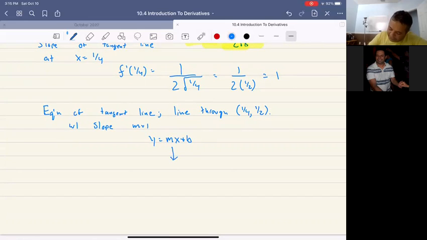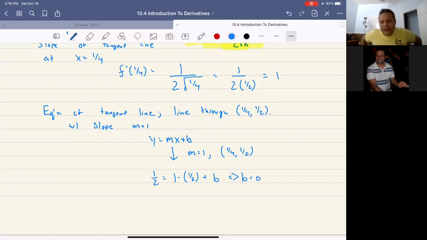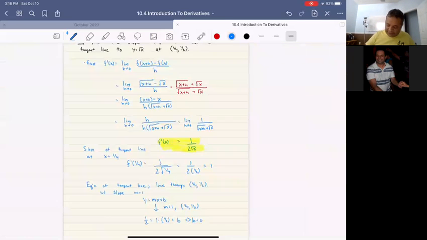We're going to plug in m equals 1, and 1/4, 1/2 for x and y. So we're going to get 1/2 equals 1 times 1/4 plus b. Okay, so b is actually going to equal 0. Okay, now let's draw the picture so that we can see if that makes sense.